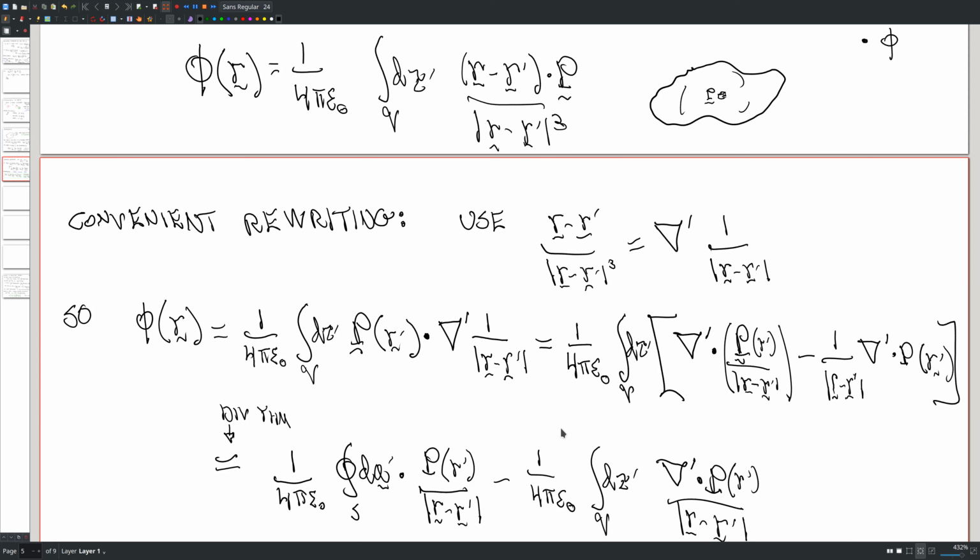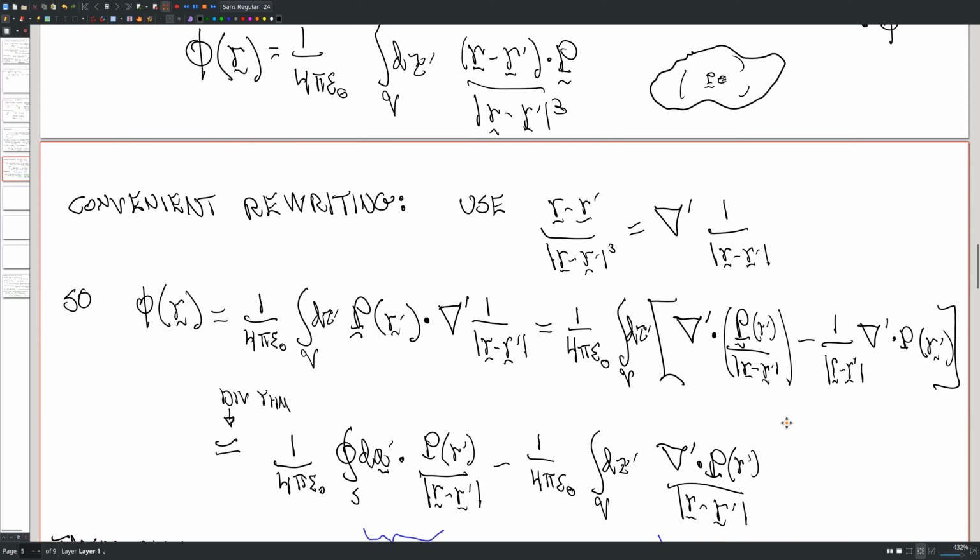Here what I'm doing is writing that p dot the gradient of that scalar function is really the divergence of the product of that p vector divided by that scalar function. But then I need to correct for the derivative of p that I induce when I do this. So I just have to remove the divergence of p divided by this. This is really the same identity that we used last time.